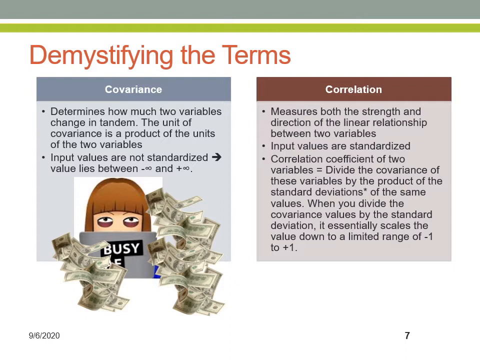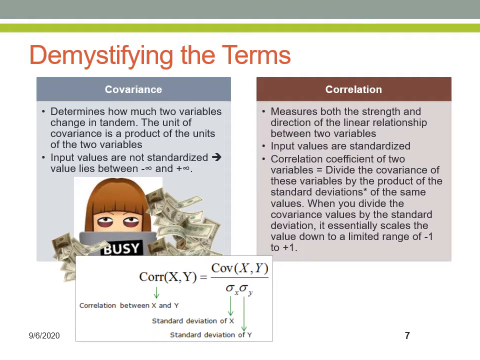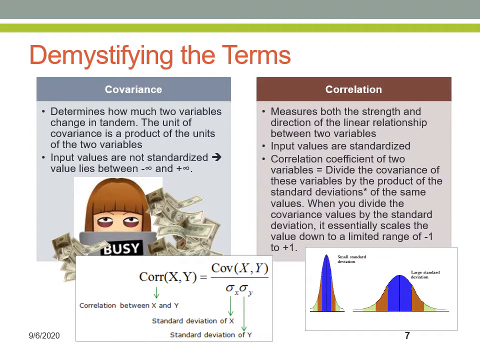In other words, it takes covariance a step further by dividing the result of the covariance calculation between the two variables by the product of their standard deviations. And because standard deviation is the measure of how steep or flat the data distribution curve of a variable is, and because the area under the curve is always 1, the values we get from a correlation always lie between -1 and +1.